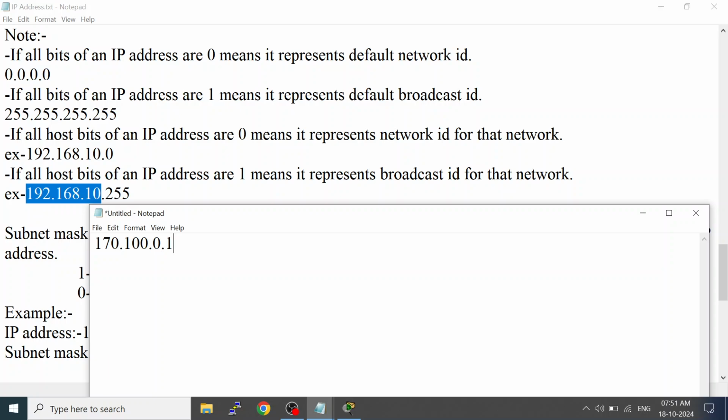Valid or invalid? Why do you still have confusion? Belongs to which class? How many hosts? So in these two, all 0, all 1, then valid or invalid?